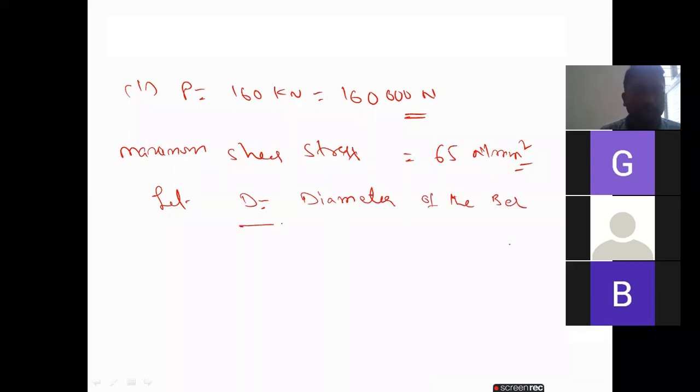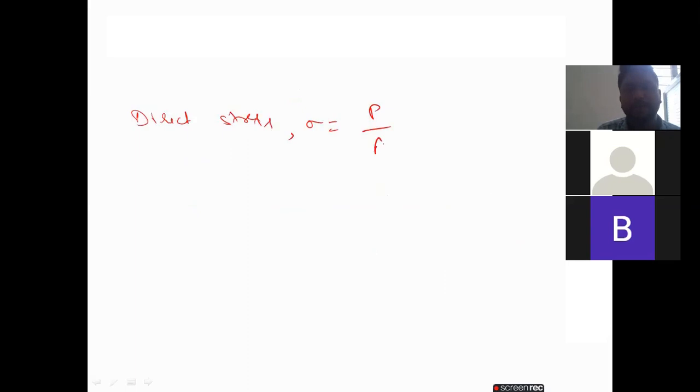So now we have to calculate the diameter of the bar. When it is a circular bar, what is the area of the bar? Area of the bar equal to pi by 4 d square. Now, first we will calculate the direct stress, that is sigma equal to P by A. P is the axial pull, that is 160,000, and area is pi by 4 into d square.